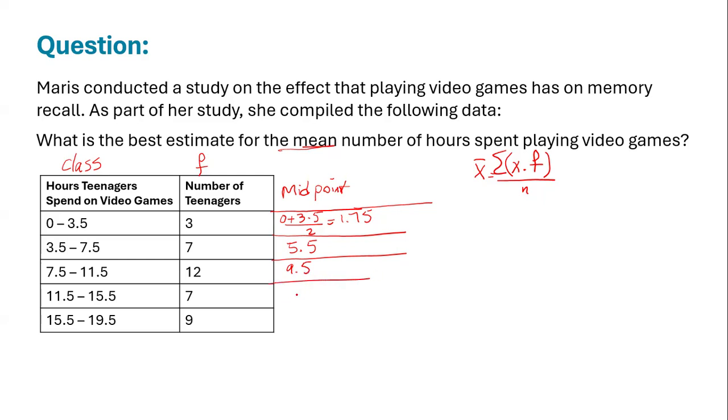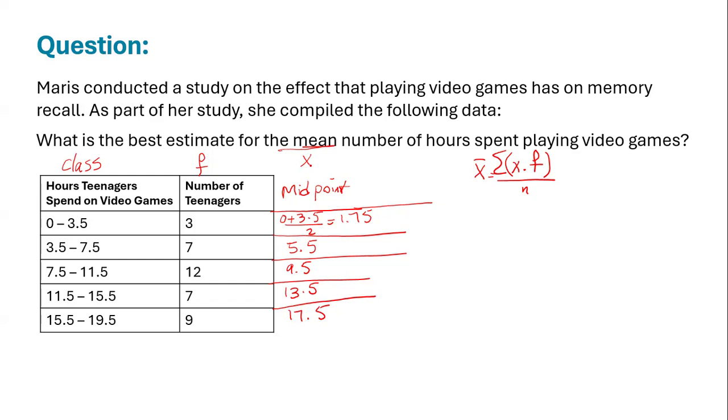Next one is 11.5 plus 15.5 divided by 2, which is 13.5. 15.5 plus 19.5 divided by 2, which is 17.5. And now these are my x values.